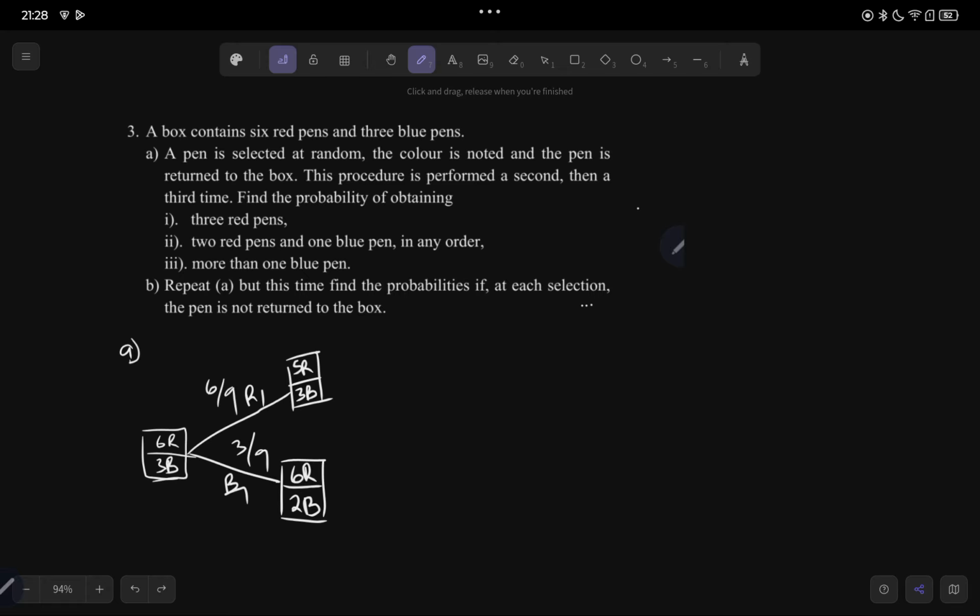So this time now, the red 2, let me now call it red 2 on the second pick. This time it is 5 out of 8. This time blue 2 is 3 out of 8.